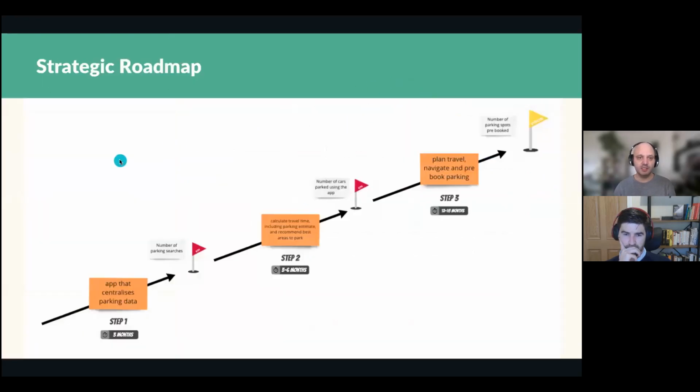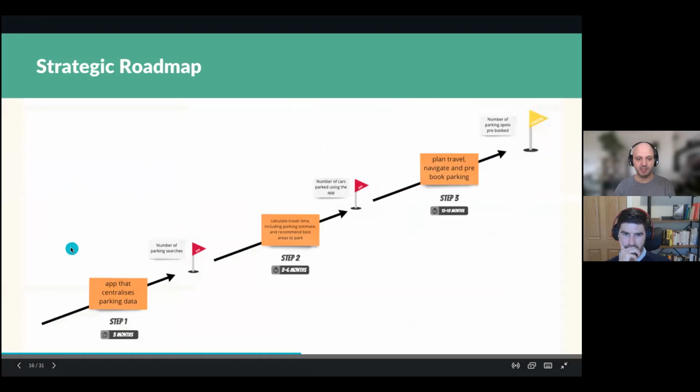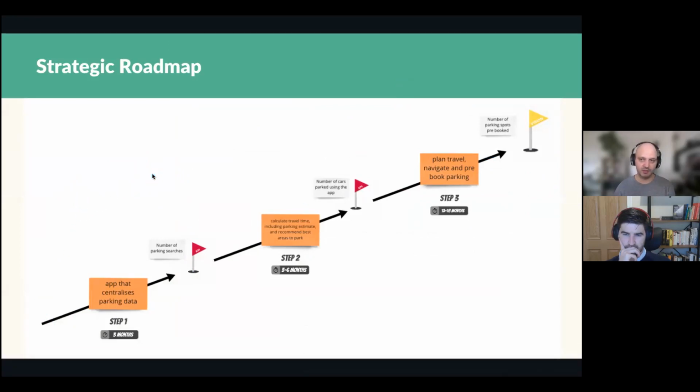I created an initial strategic roadmap, which would be to create an application that centralizes all parking data that is spread across different platforms and different owners. I would measure this by the number of parking searches done by users.